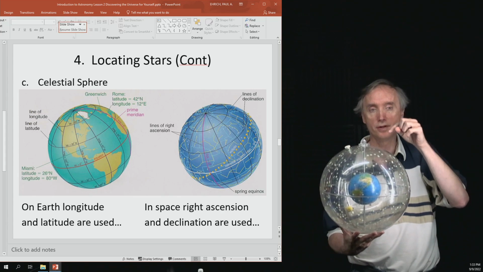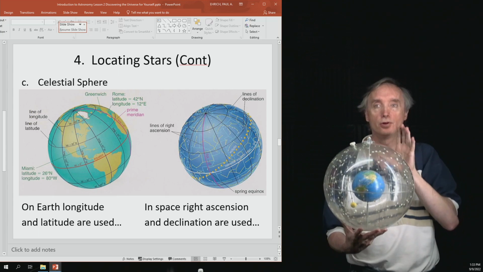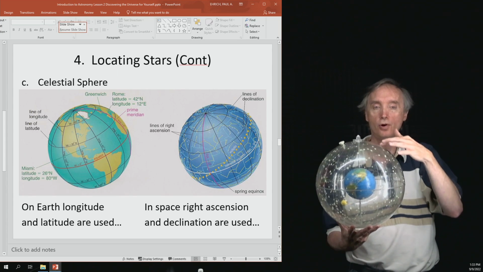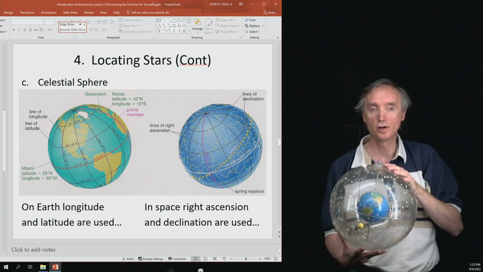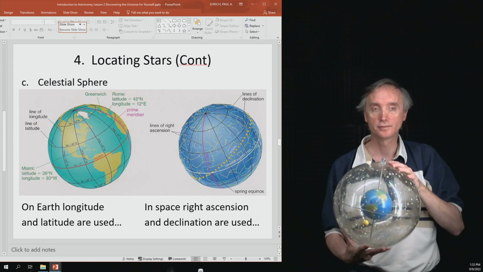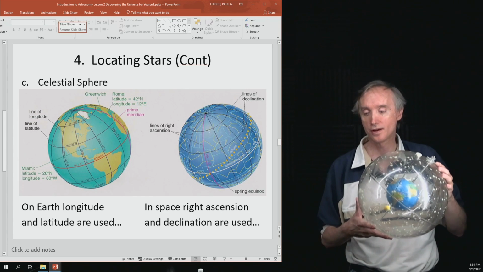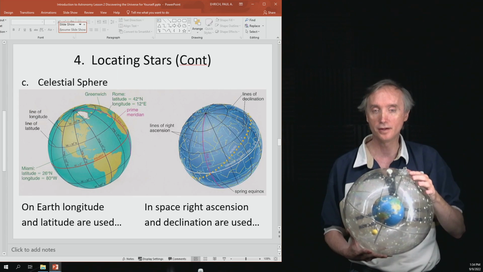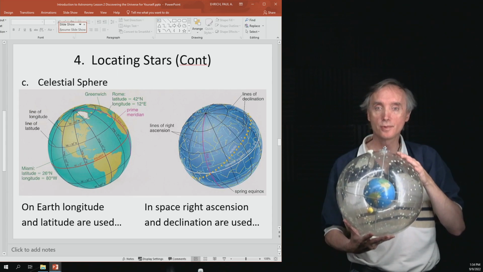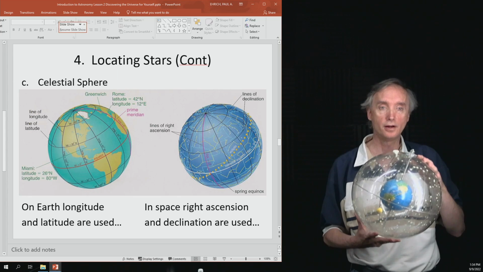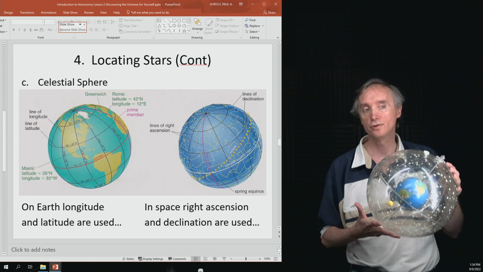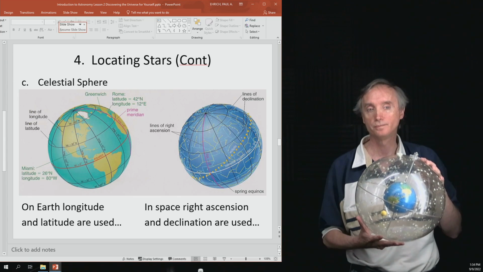If you were on the Earth's surface and you were looking out through the holes, you'd see the fire, and that's what a star was. That's not correct, so that's not the correct way of thinking about it, but astronomers today still use the idea of the celestial sphere to locate constellations and stars.